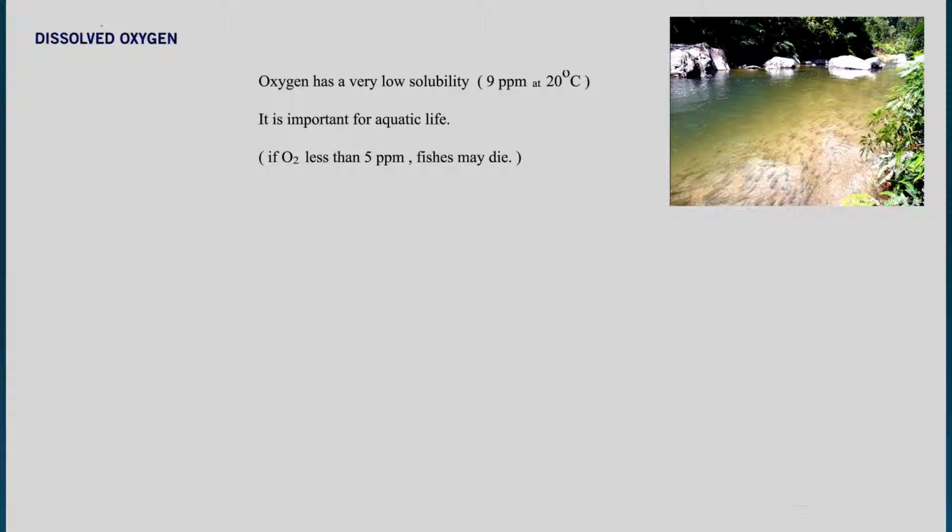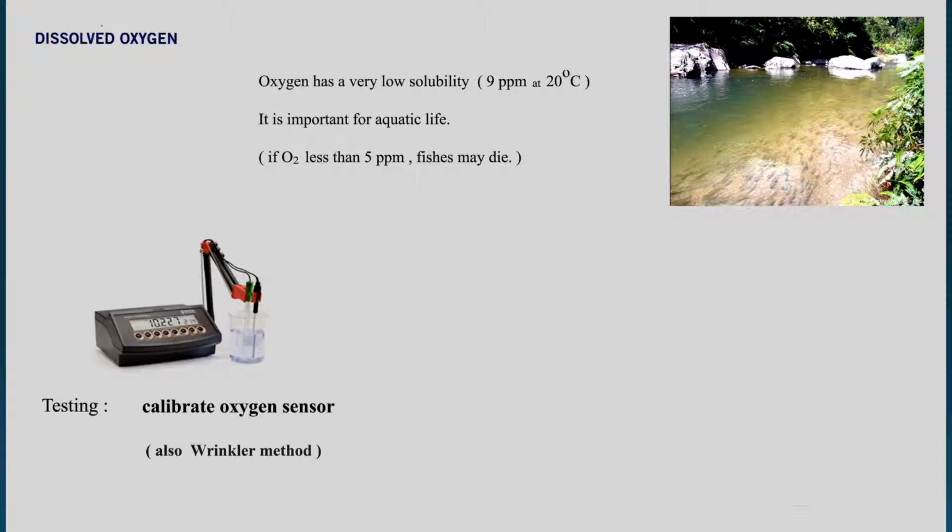But it is very important for all fish. Lower than 5 ppm, the fish die. We use a calibrated oxygen sensor to sense the oxygen concentration. The old method, called the Winkler method, is no longer used.